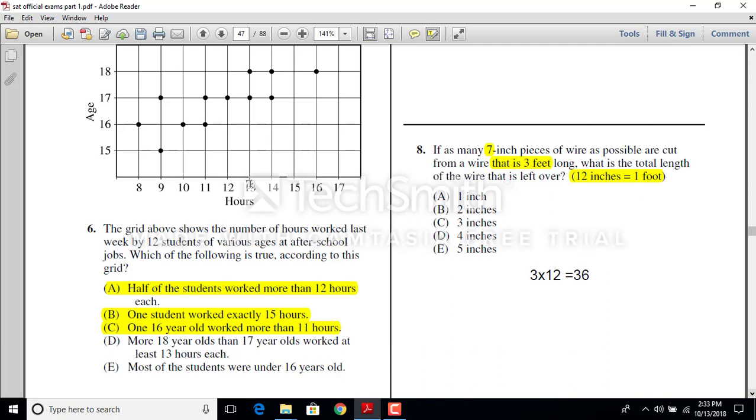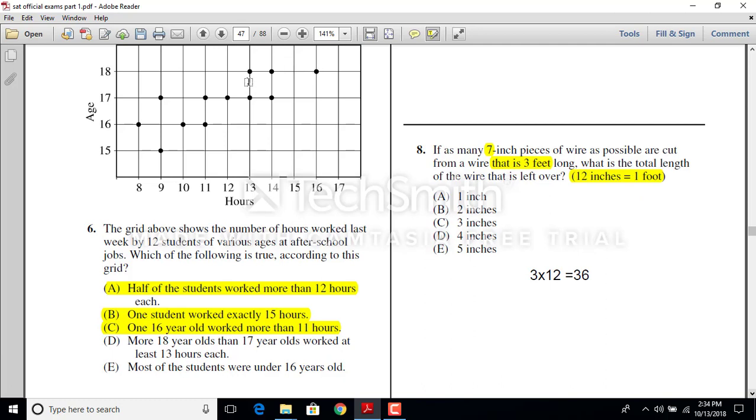Let's count first the students who are 17 years old. How many? One worked for 13 hours, another one for 14, so they are two, nothing more. Okay, two students of age 17. Look at 18 years old. 1, 2, and 3.